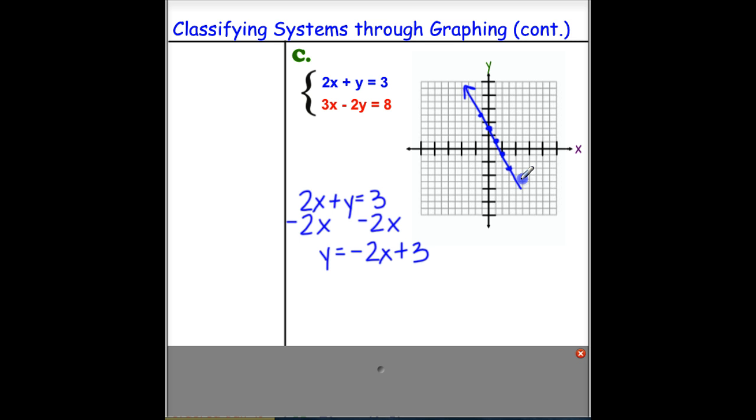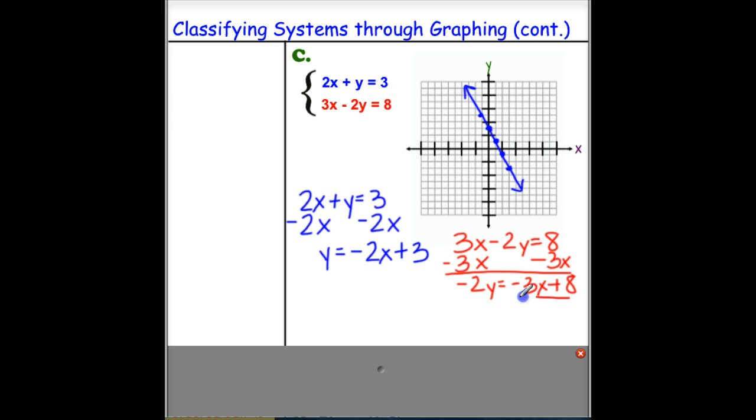And then I'm going to solve 3x minus 2y equal to 8 by subtracting 3x, which gives me negative 2y equal to negative 3x plus 8.